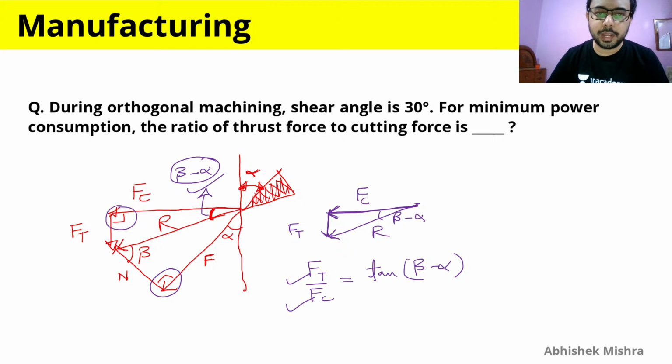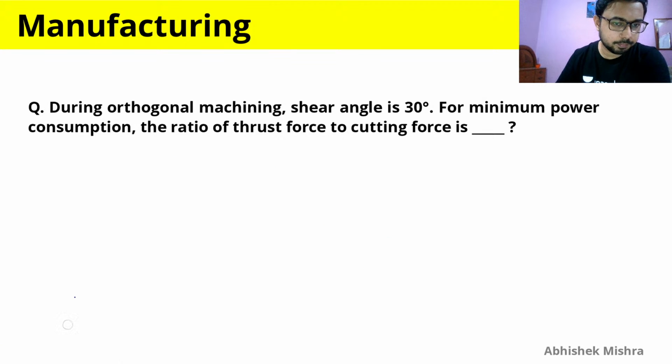So to calculate the ratio of thrust force to cutting force, we have to draw the merchant circle, and after that we will just calculate tan of beta minus alpha and we will get the final answer. Okay, so beta minus alpha we need to calculate now. Now just let me erase it.